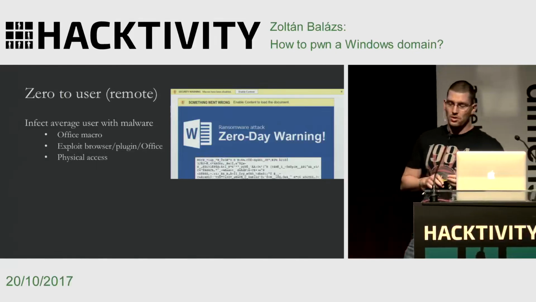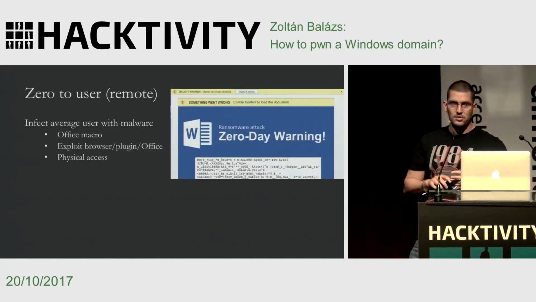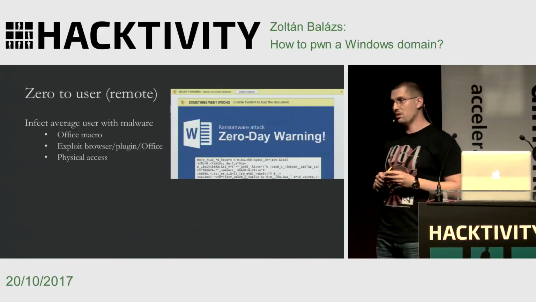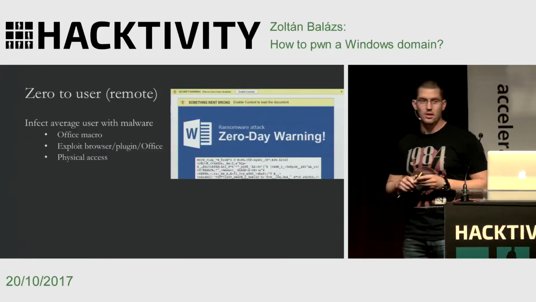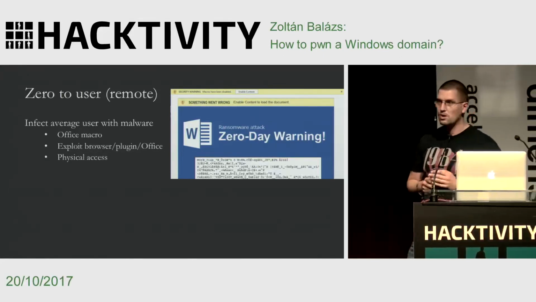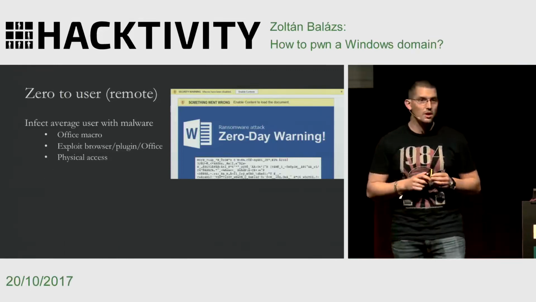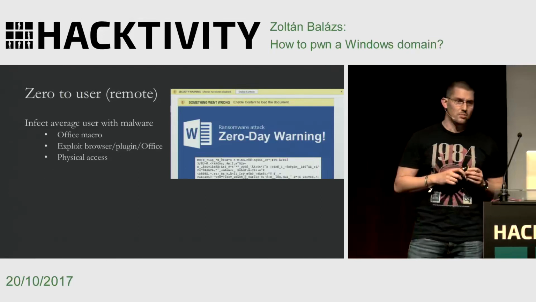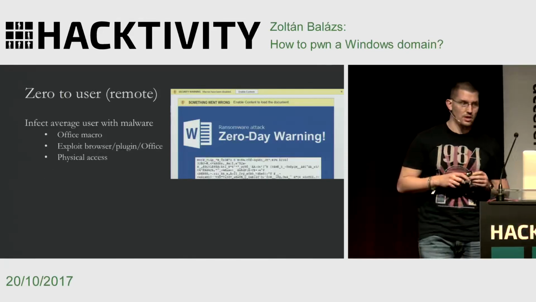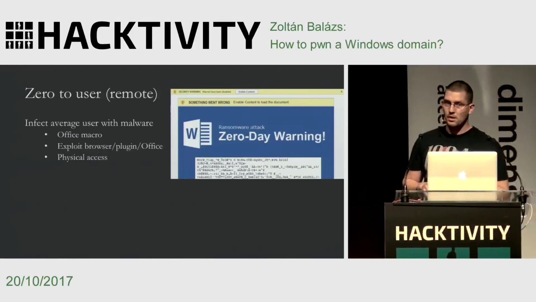Also, it was very, how could I say, used in the past that attackers exploited the browsers itself through vulnerabilities or exploited plugins like Java or Flash, or they targeted the Office installation itself. I think nowadays it's becoming less and less significant, but it's still important.